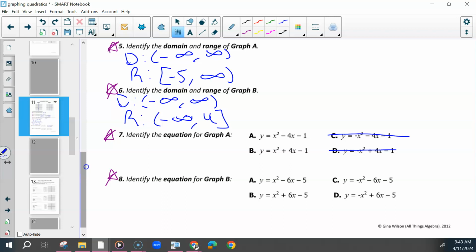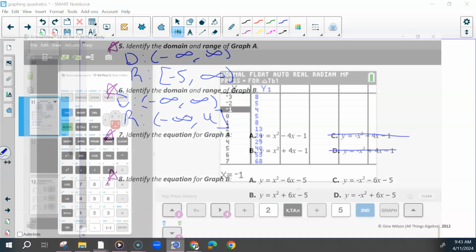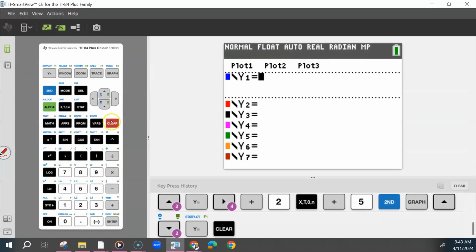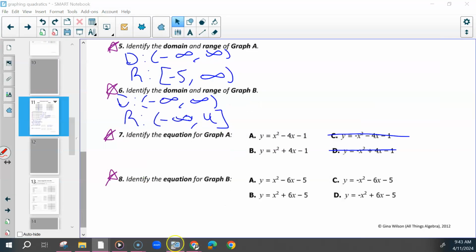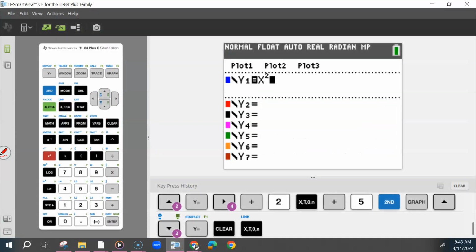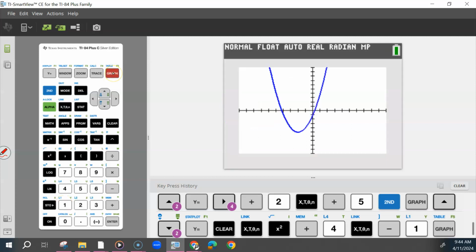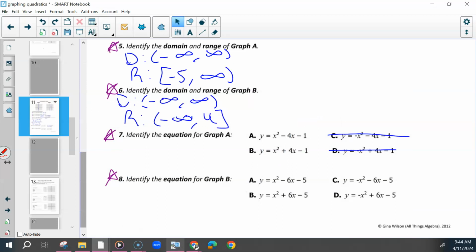B. Okay, so let's put this into our y equals. And then I'm just going to graph it. Does this look like graph A? Yes. If we did the other one, it would be graphed on this side, and that's how we would know it's not, right? So B is our answer there.